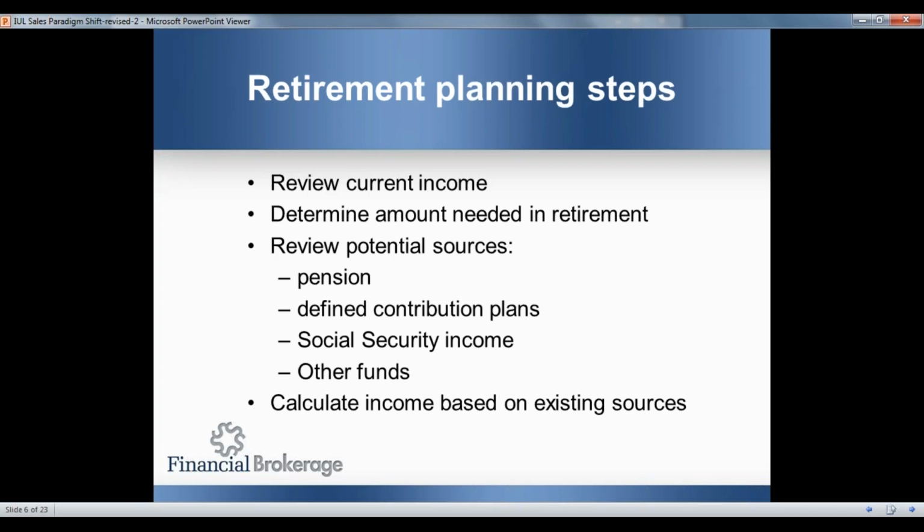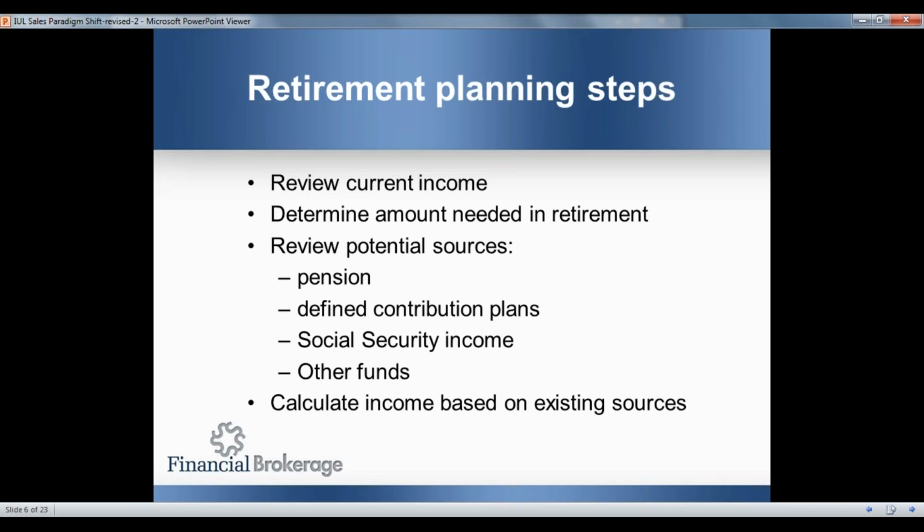Now, what I didn't put on here is, are they going to continue to work, which some people do until they're no longer physically or mentally able. But some people might have a pension, especially if they work for a school system or a government entity. A lot of people are going to have money coming from a defined contribution plan. You might know that more as a 401k.